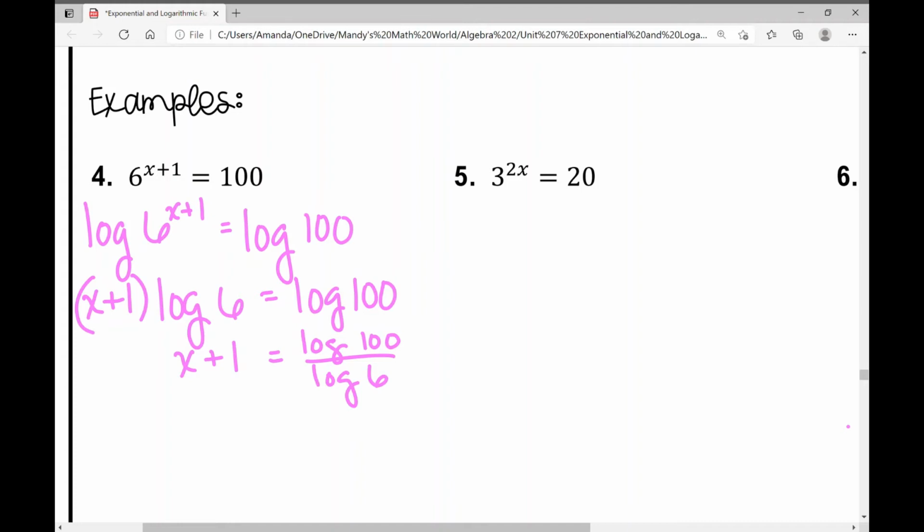So grab your calculator right now and type in log of 100, close parentheses, divided by log of 6, close parentheses, and press enter. And you should get approximately 2.5701. So I'm actually going to write that down. So x plus 1, and we're going to approximate this to 2.5701... right? It continues.